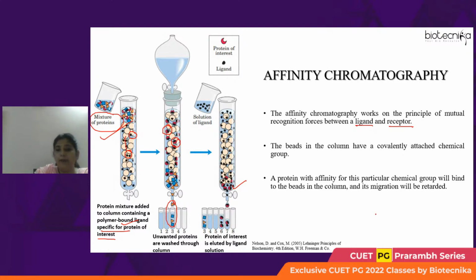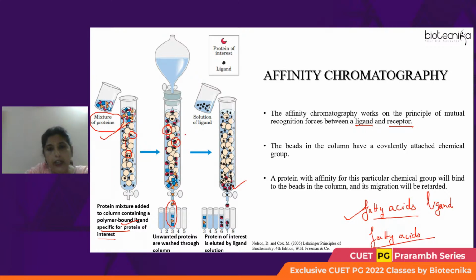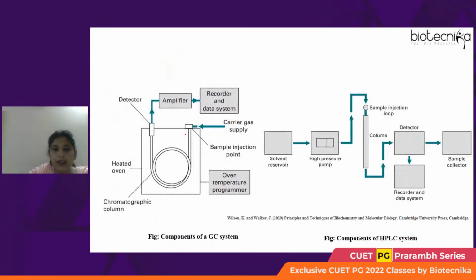For example, one example of a ligand and receptor is a fatty acid as the ligand. You can use fatty acids as a ligand, and add the mixture containing fatty acid binding proteins. So you can separate fatty acid binding protein by performing affinity chromatography.